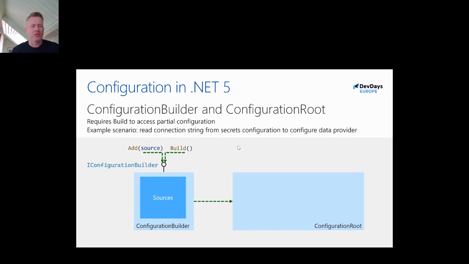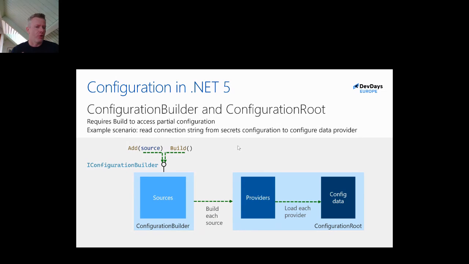And build would go through this step to produce the configuration root, which is the data that you can read, with all the providers for each of the sources, would be built, would be read, it would be loaded, and then the config data would appear as the configuration root, which is your IConfiguration entry point. And then you would use it, read it, and then start adding sources again. And then it would all happen again. You would add sources, but now with the secrets you just read from config, from the partial config, and then go through this again. Now it's flattened out.